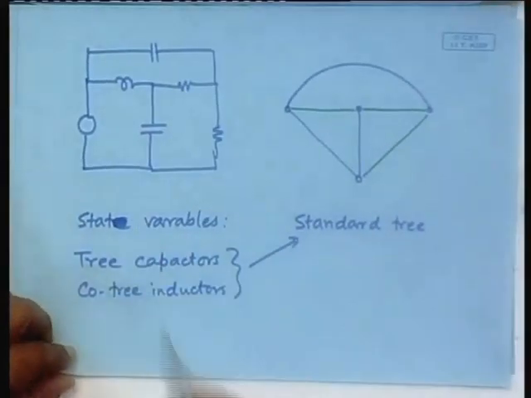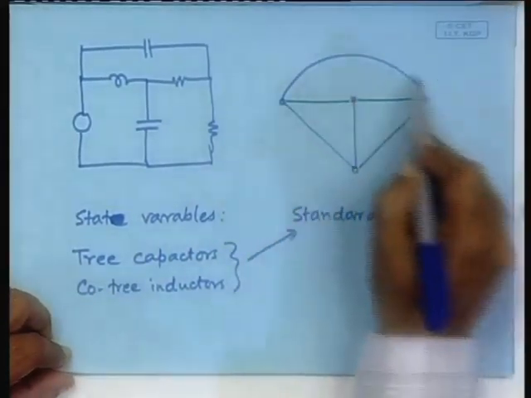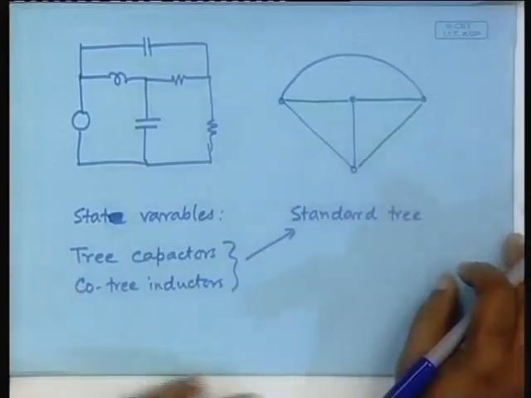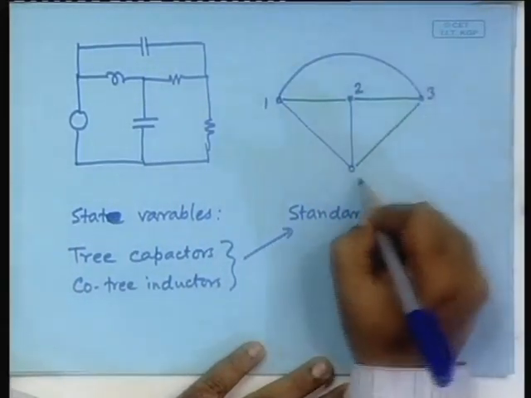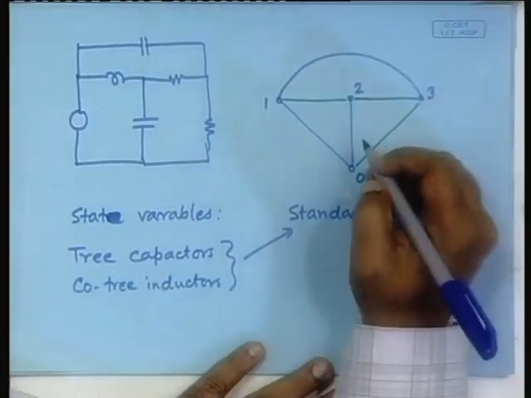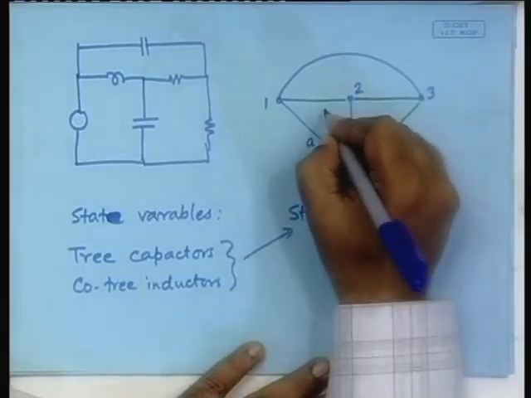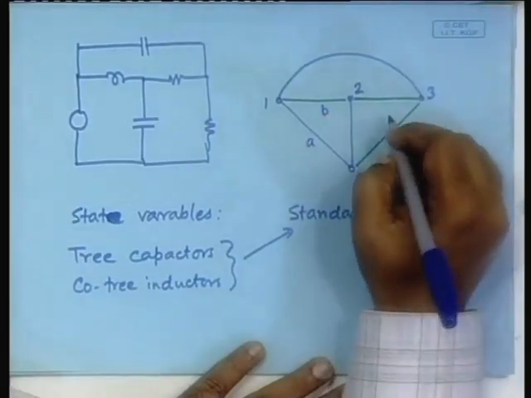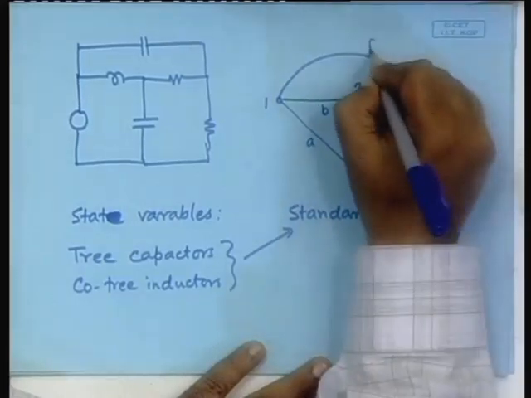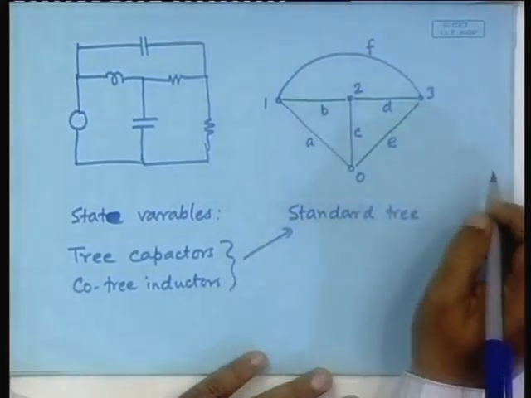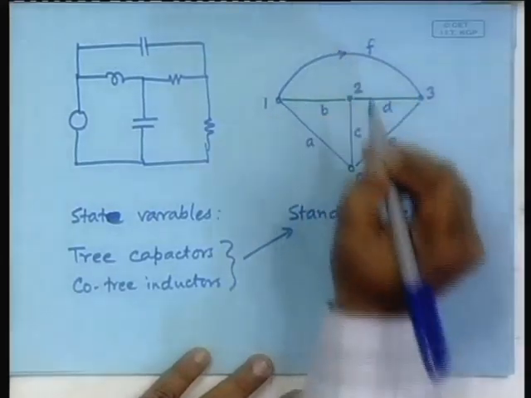We had this circuit, and we had this as the standard tree. Let us give them names 1, 2, 3, 0, and then we said A, B, C, D, E, F. We had also given directions like this.